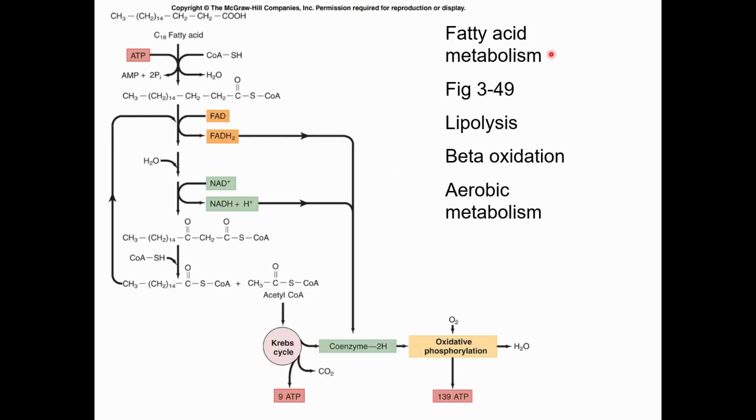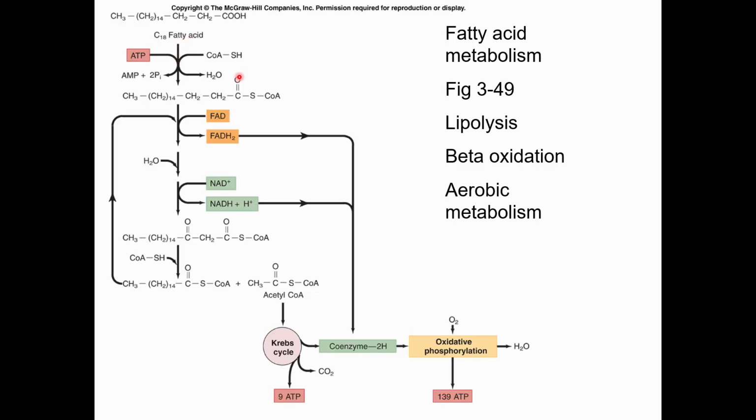All right, so if we want to burn fat, the first thing we have to do is lipolysis. So we have to take our glycerol and our 3 fatty acids. We need to break those bonds. So we've got a free fatty acid, and then the free fatty acid has to go through a process of beta oxidation.